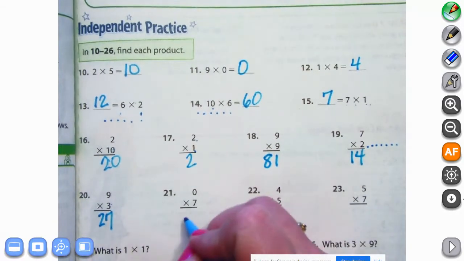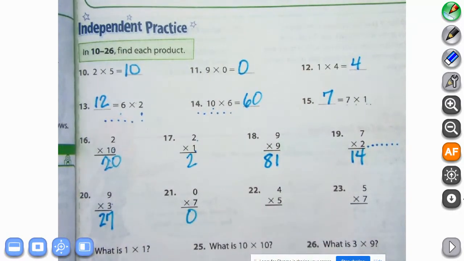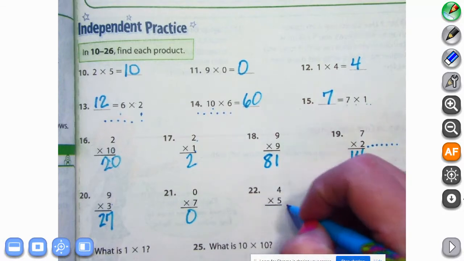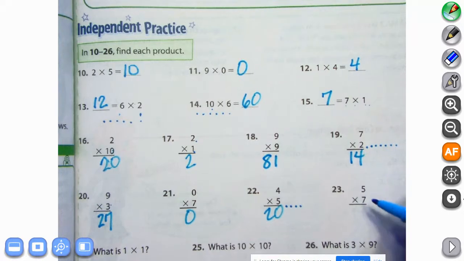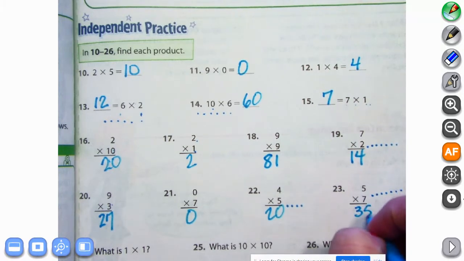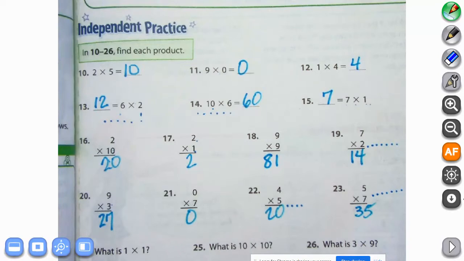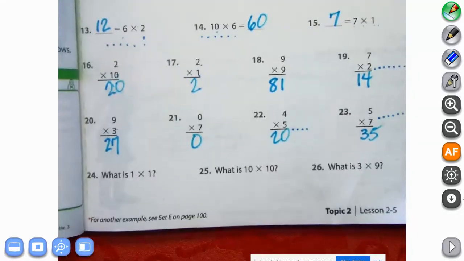0 groups of 7 is 0. 4 groups of 5 is 5, 10, 15, 20. 7 groups of 5, 5, 10, 15, 20, 25, 30, 35. Okay, number 24 says, what is 1 times 1?